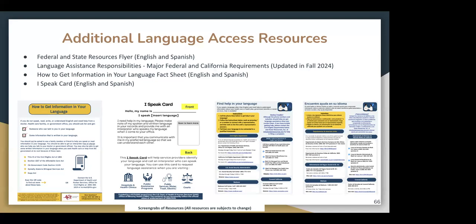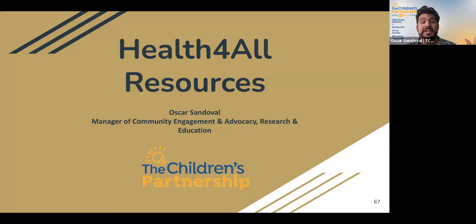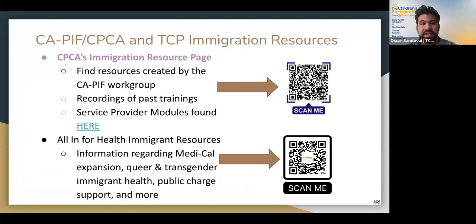I would want to bring Oscar in if Oscar wants to talk about helpful resources and the evaluation. Yeah, thank you so much, Eddie. I'll breeze through this as quickly as I can. I know y'all got things you got to do, places you got to be. Some quick additional resources. Again, this webinar was put on in partnership with the California Protecting Immigrant Families Coalition.